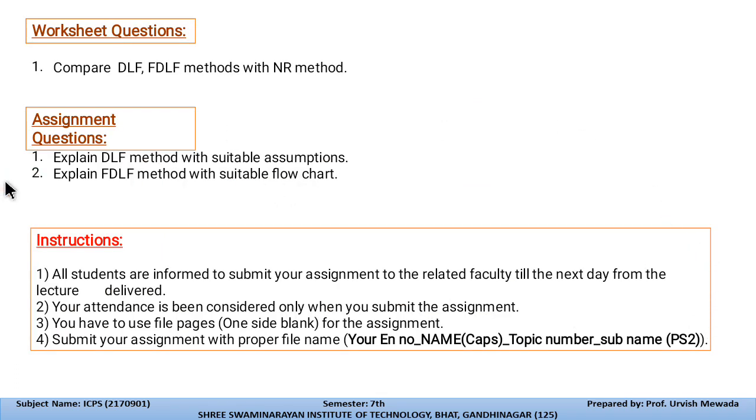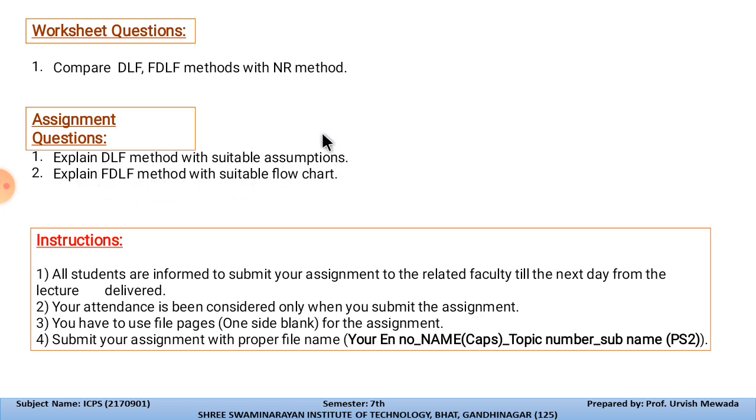After this topic, you have the worksheet question, that is, compare the DLF and FDLF methods with the NR method. The assignment questions related to this topic are: first, explain the DLF method with suitable assumptions, and second, explain the FDLF method with a suitable flowchart.